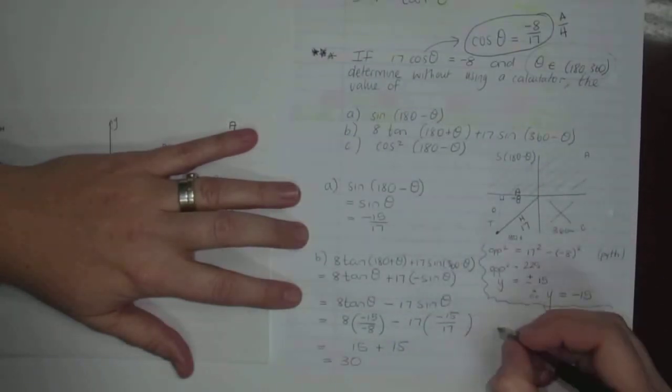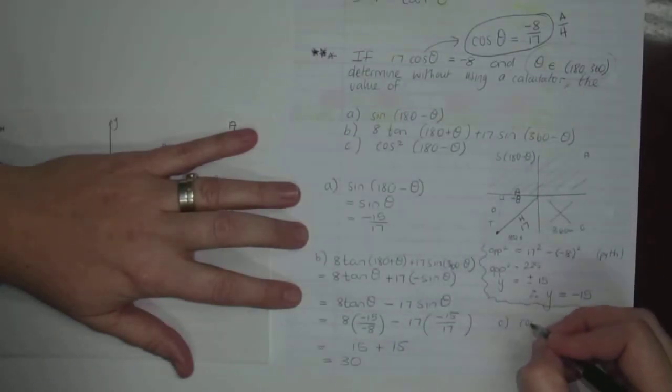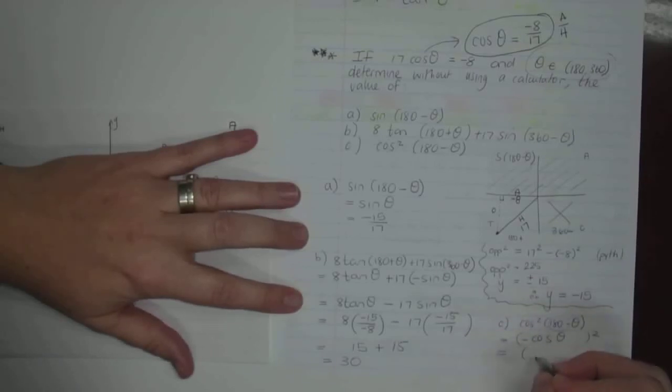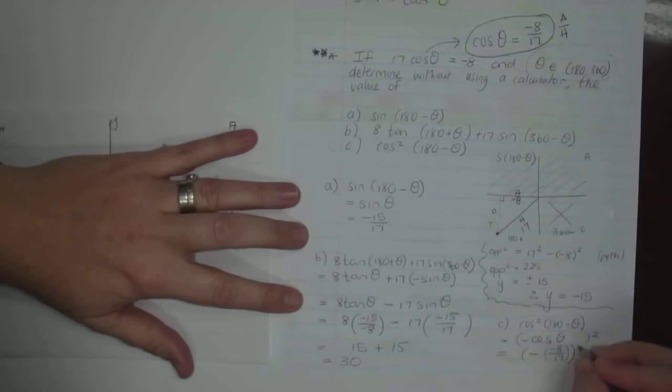Right, so if I look at C, cos squared of 180 minus theta, I know the square moves out. 180 minus, cos will be negative there. So I have minus A over H. So minus 8 over 17 must be squared.